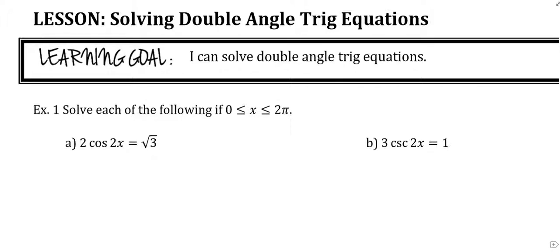But the difference is it's got a 2x in it, and it's not the swap out type. So we're not swapping it out the way we did the other ones. We're solving it as a double angle trig equation. The first part of it is pretty easy, although you make one little change, add a 2, and again, people start to doubt themselves and wonder if it's different, but it's not. It's the same thing you've been doing for a long time.